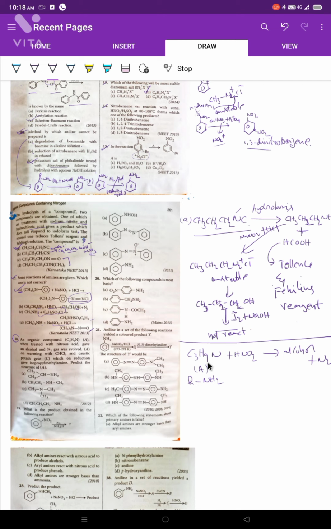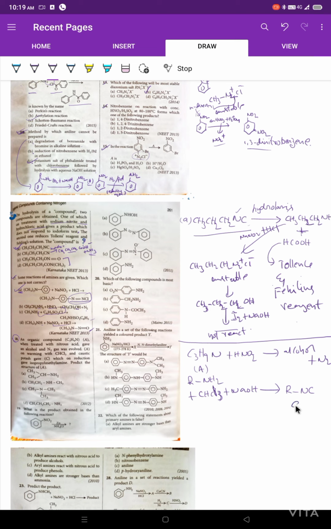Next one: on reaction with chloroform, CHCl3, plus caustic soda, NaOH, it gives C. This gives an isocyanide.